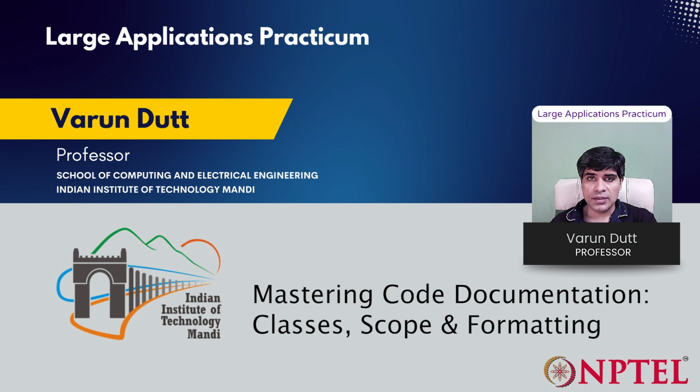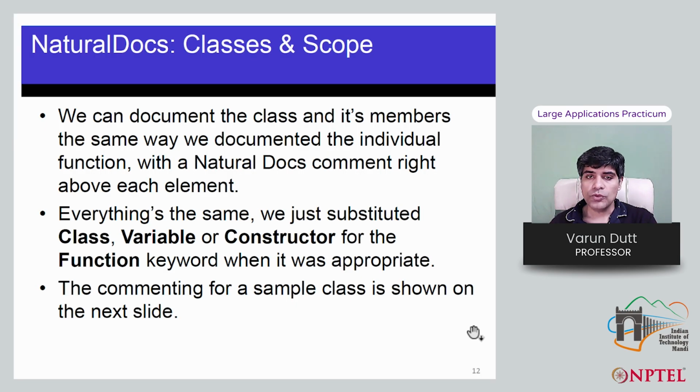So let's get started. Natural Docs can also be used with classes with certain scope. For example, like we had the keyword function, now we can have the keyword class, variable or constructor, then the name, colon and space, and the name of this particular class, variable or constructor, and the same concept applies.